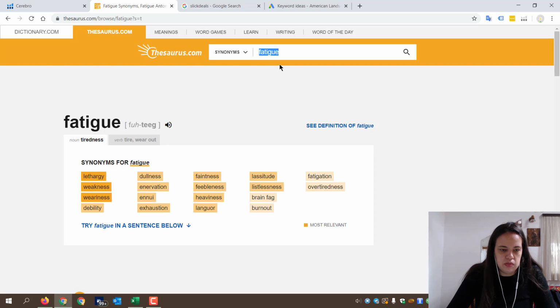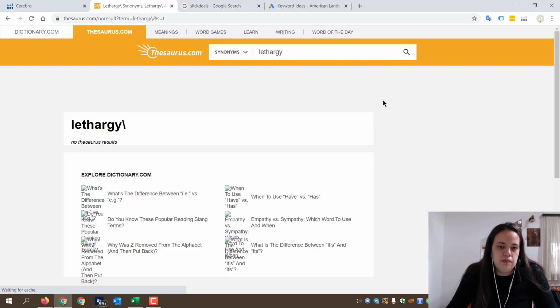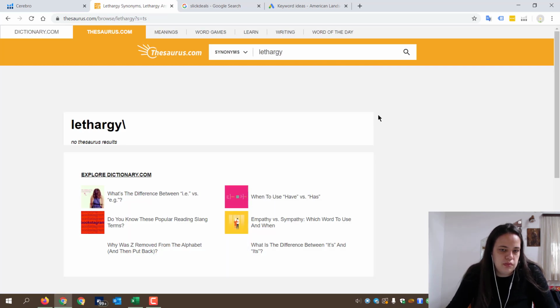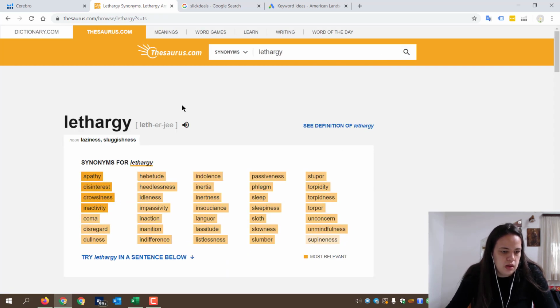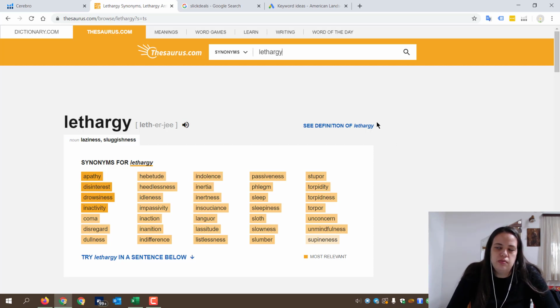For example, lethargy maybe even is a good possible example. Inactivity, possibly. So here you will find a couple of things that you could target that's basically saying the same thing with different words.